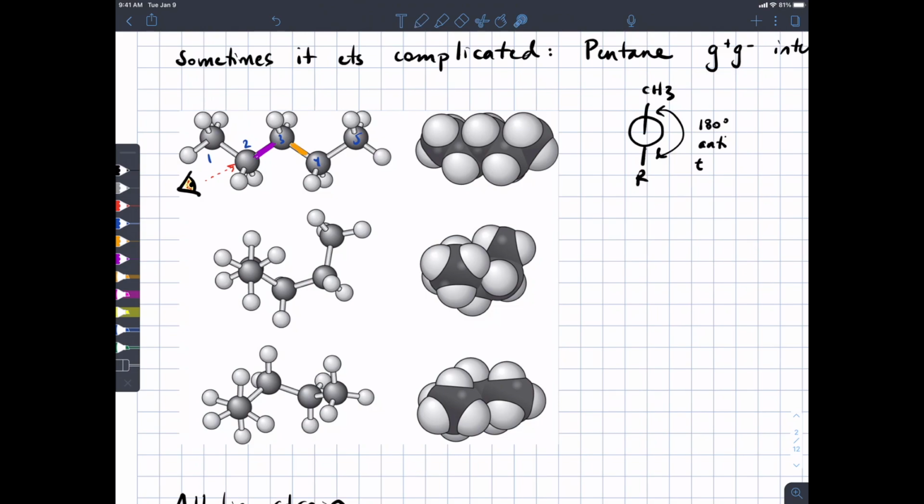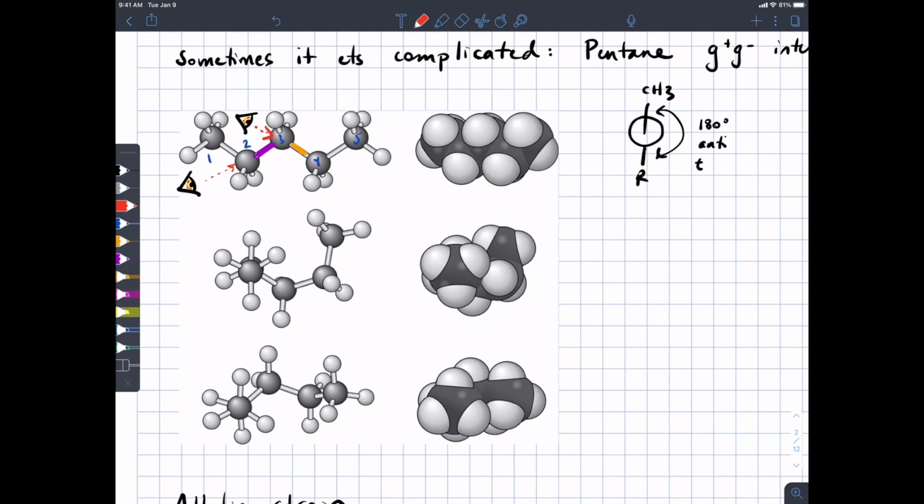So we have trans or a 180 dihedral angle here, and then if you were to similarly take your evil Sith eyes and move them to look down the bond between carbon 3 and 4, you would also see a 180 degree bond angle, right?